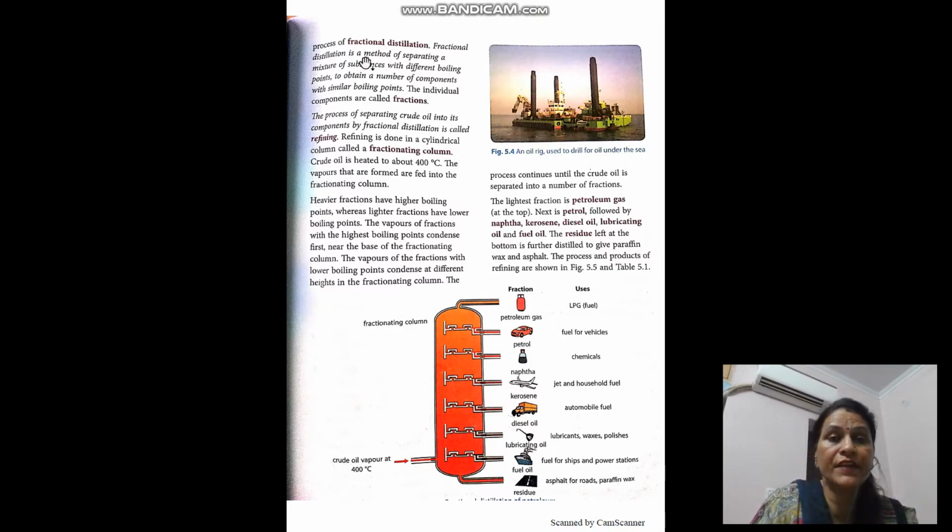Fractional distillation is a method of separating a mixture of substances with different boiling points. That means the principle behind it is boiling point. To obtain a number of components with similar boiling points, the individual components are called fractions. Each component is known as a fraction.